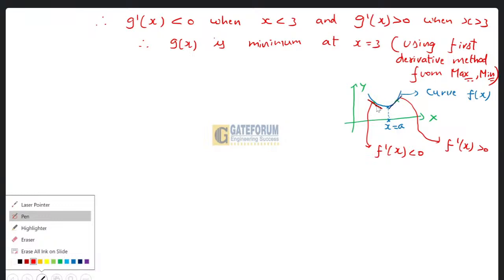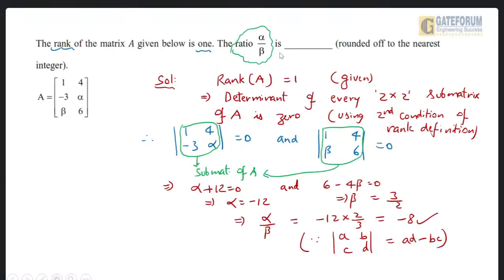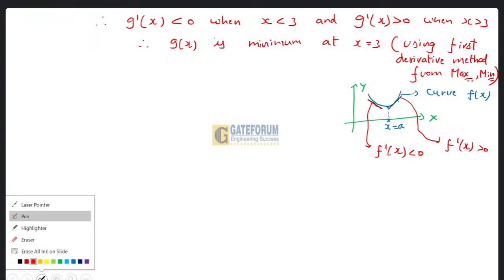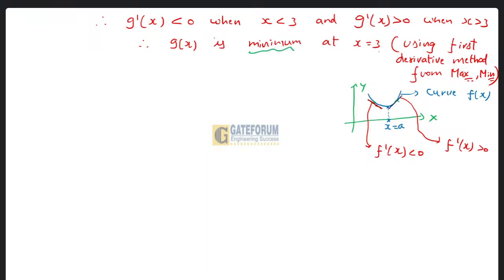The other tangent, extended to touch the x-axis, makes an angle more than 90 degrees. When θ is greater than 90 degrees, θ lies in the second quadrant and tan θ, the slope of the line, is negative. When θ is less than 90 degrees, it lies in the first quadrant, where tan θ is positive. Tan θ is nothing but the slope, which is f'(x). So at this point we get a minimum. So this is minimum at x = 3.